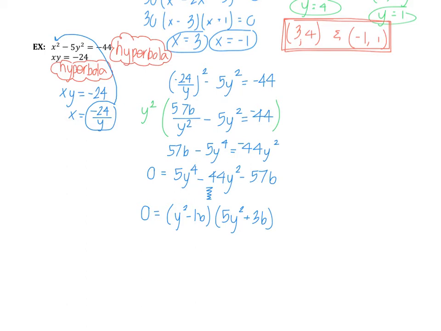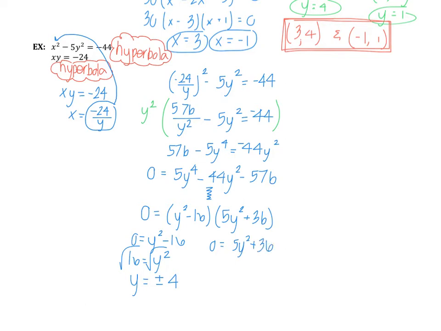Well, now in this case, I can set them equal to 0 because of the zero product property. I'm going to get 0 equals y squared minus 16. So 16 equals y squared, take the square root. Make sure you remember it's plus or minus 4. The other factor would be equal to 0.